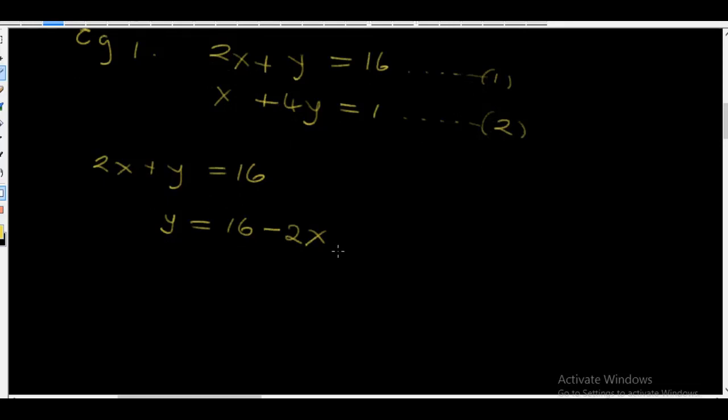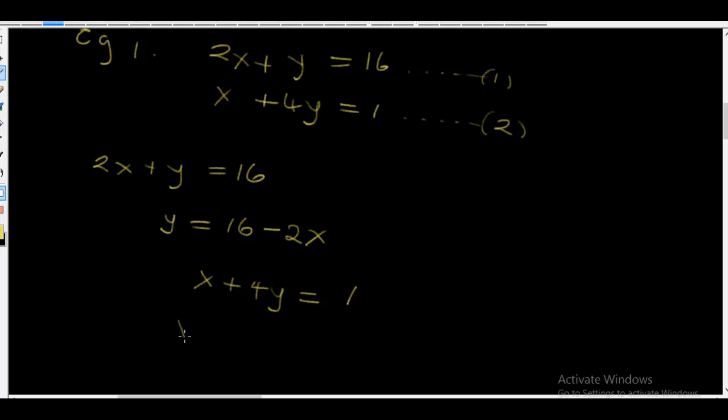So what we're going to do now is that in equation 2 we are going to replace y with 16 minus 2x. So let's write down equation 2. Equation 2 says that x plus 4y is equal to 1. So instead of writing y here, we're going to replace it with 16 minus 2x.